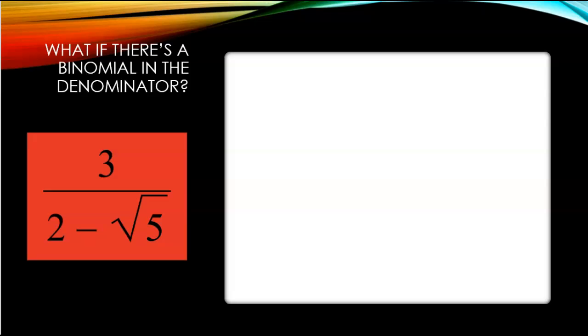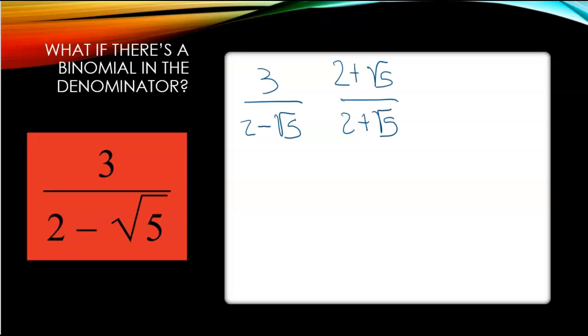Okay, last one. 3 over 2 minus square root of 5. So what are we going to multiply these both by, the top and the bottom? 2 plus square root of 5. 3 times 2 is 6. 3 times plus square root of 5 is plus 3 square root of 5, right? 2 squared is 4 minus square root of 5 squared is 5.